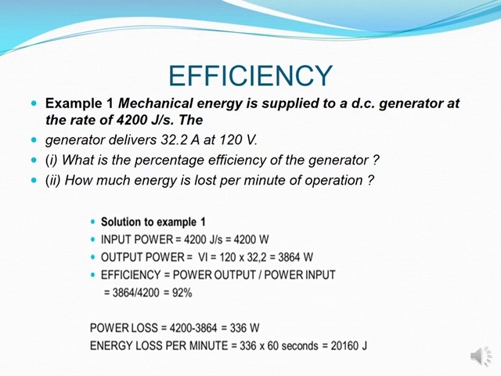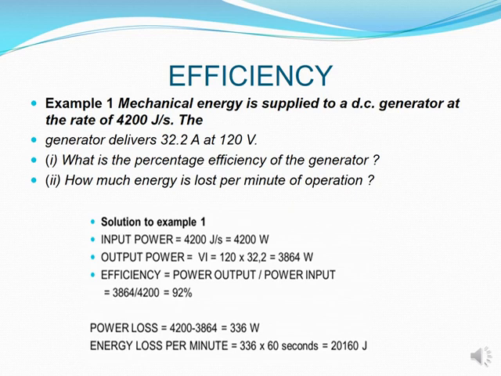Then we look now at the second question that asked how much energy is lost per minute of operation. So for us, we first must look at what is the power loss in the system. So your power loss will be your input power minus your output power. So therefore, it's the 4200 minus the 3864, and that will give us the 336 watts.